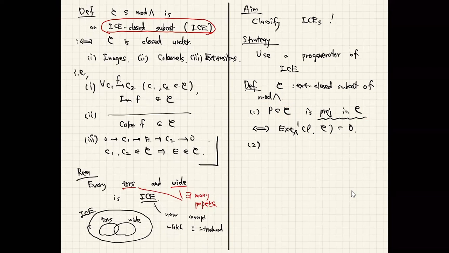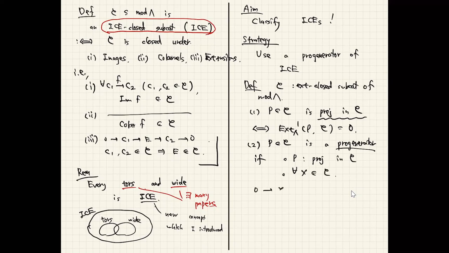And an object P is a progenerator if first of all P should be projective in C. And for every object X, there exists a short exact sequence of this form.